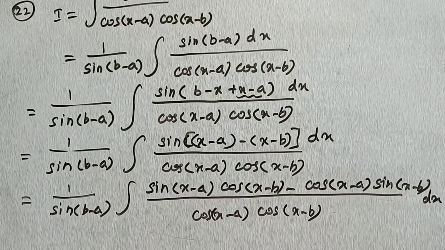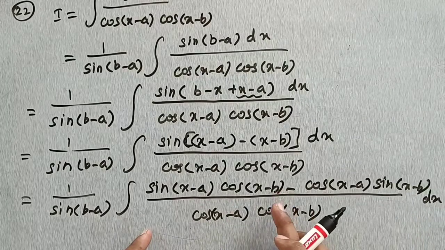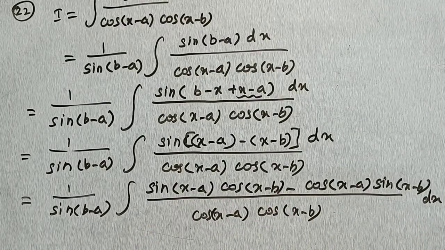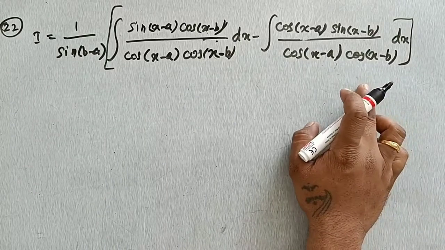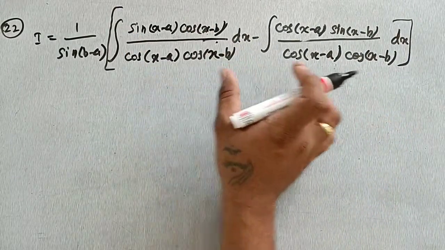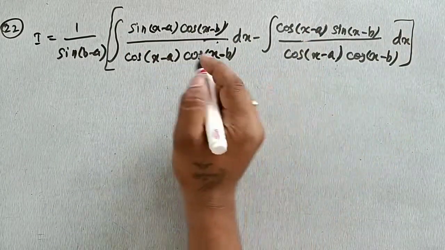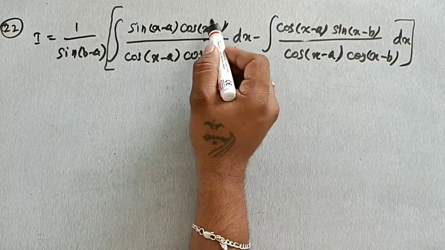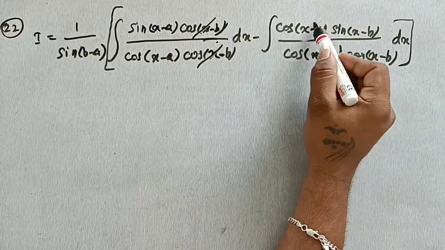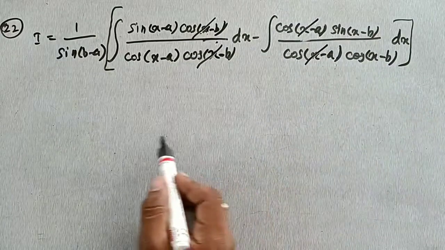Now I am going to separate this numerator into two integrals. I have separated and written here: first term divided by the denominator, then second term divided by the denominator. Now we can cancel the common terms, so cos x minus b cancels, cos x minus a cancels.